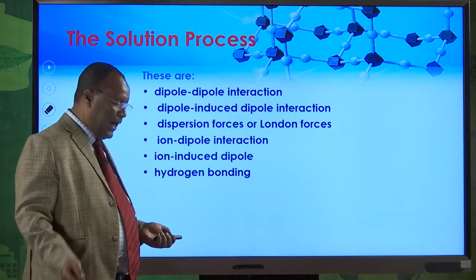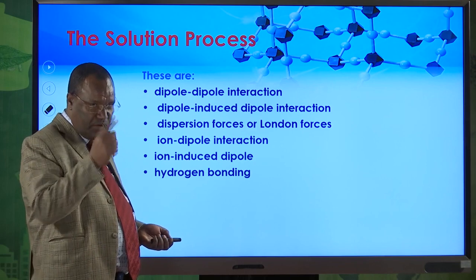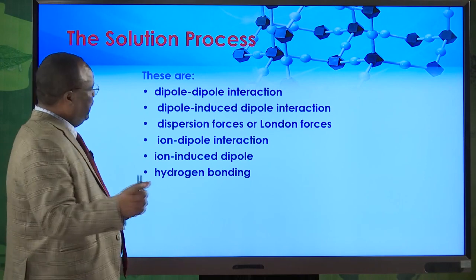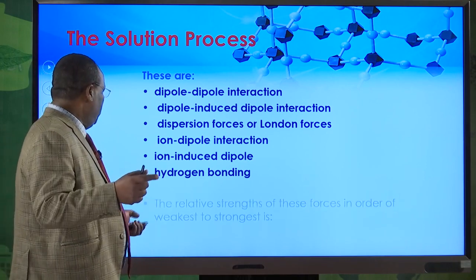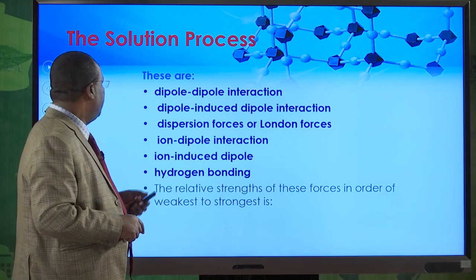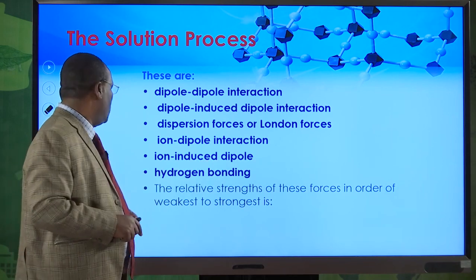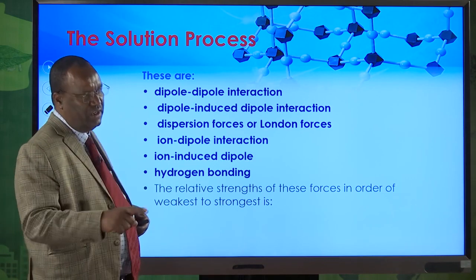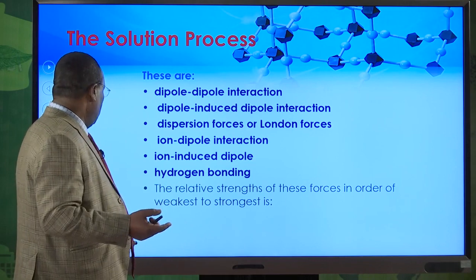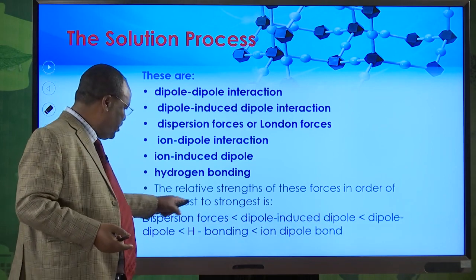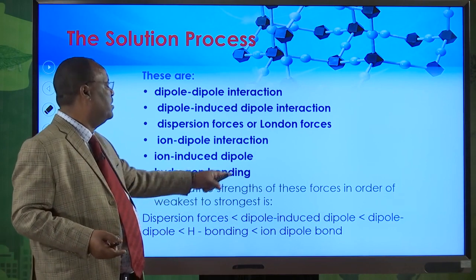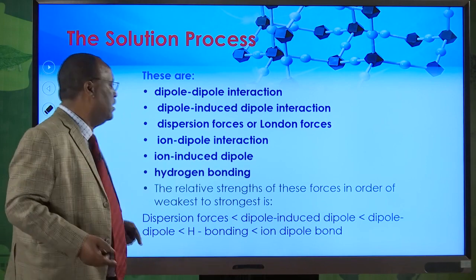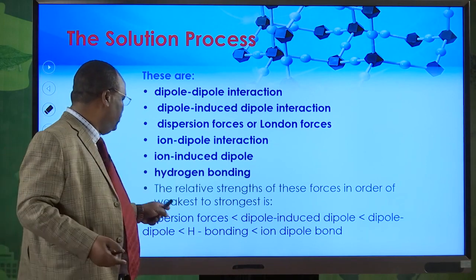Hydrogen bonding is not a covalent bond. It's not a bond. It is a force of attraction between two molecules. So the relative strength of these forces in order of weakest to strongest: dispersion force is weaker than dipole-induced dipole interaction, which is weaker than dipole-dipole interaction.